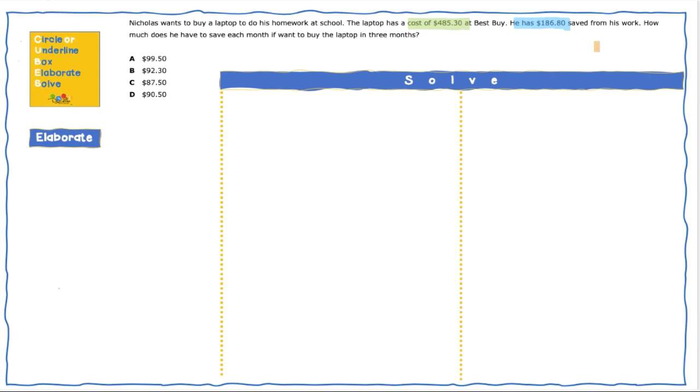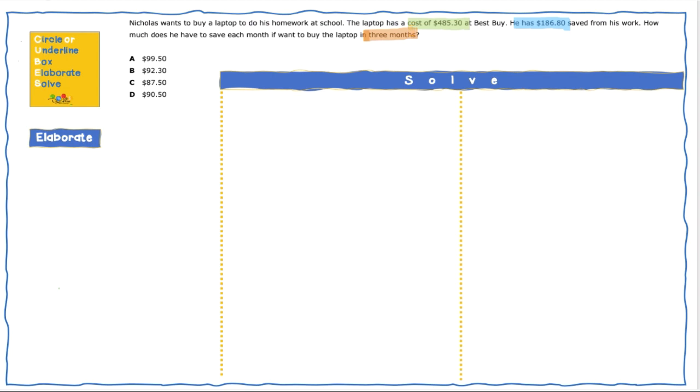Here is the question: how much does he have to save each month if he wants to buy the laptop in 3 months? I'm going to highlight this because this is a number, 3 months.